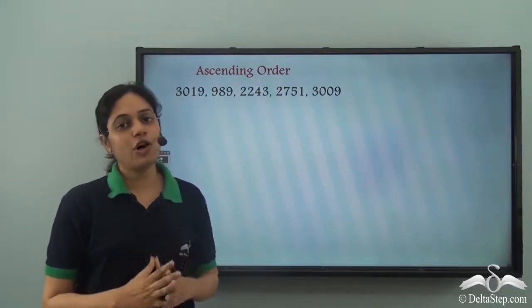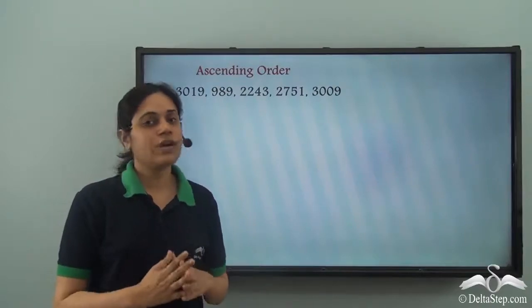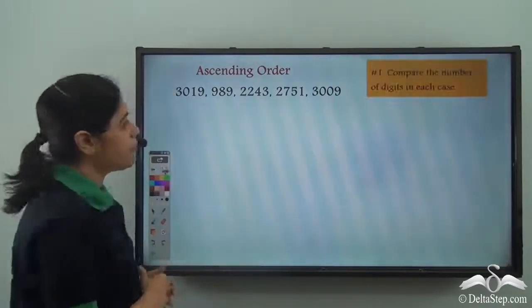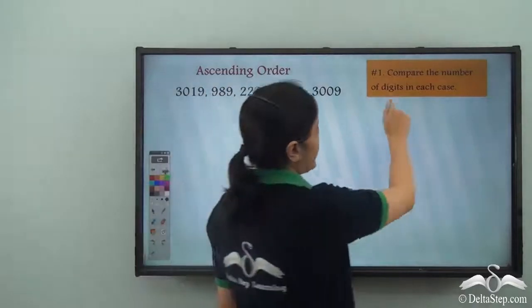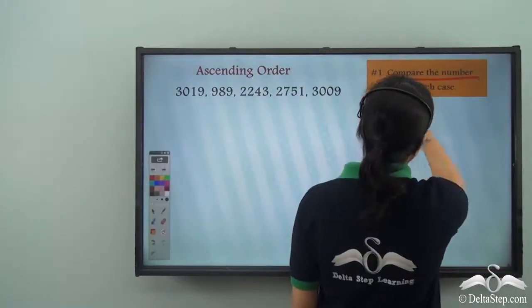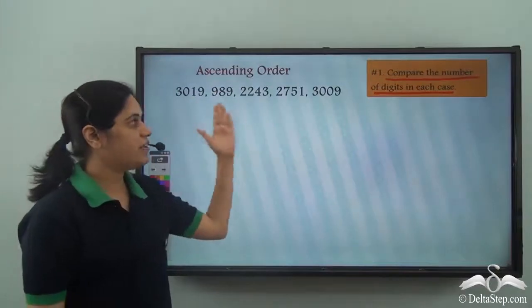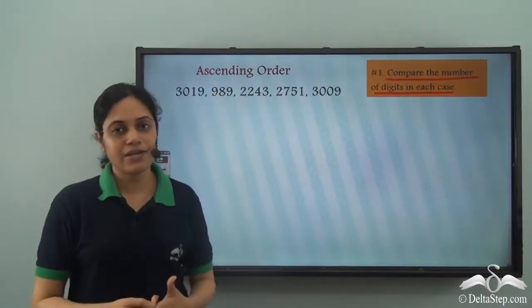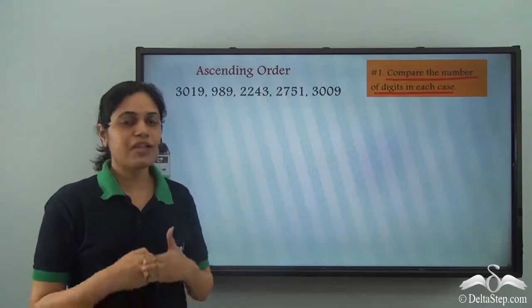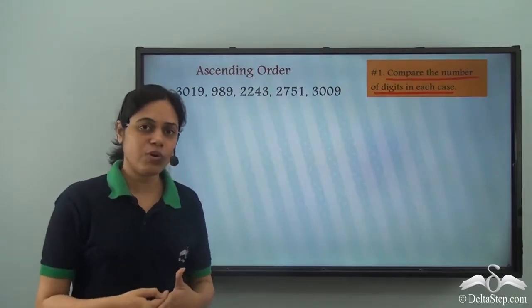Now let us recall our tricks. What was trick number 1? Trick number 1 was compare the number of digits in each case. So I need to find the number of digits and compare them, and the number with higher number of digits is more.